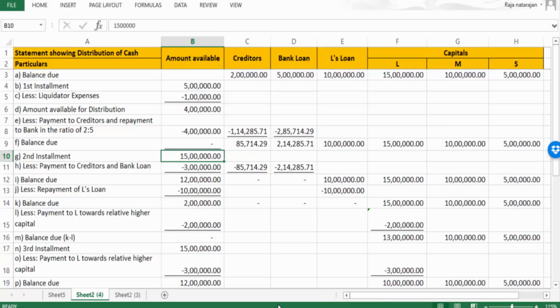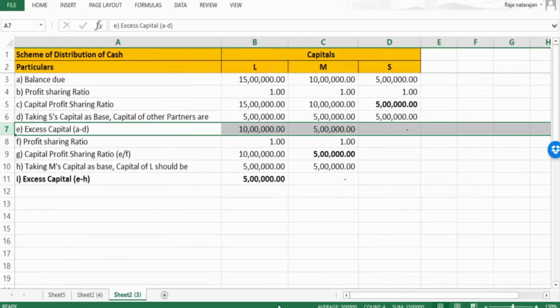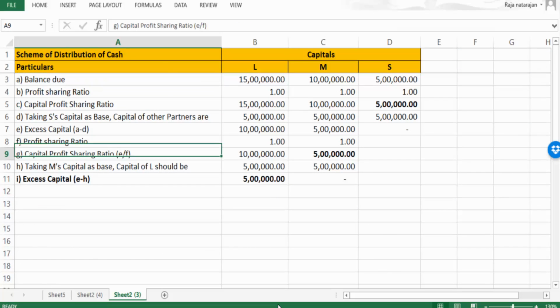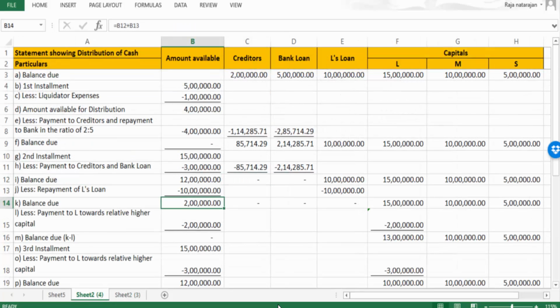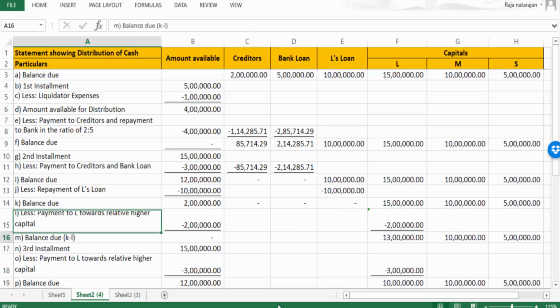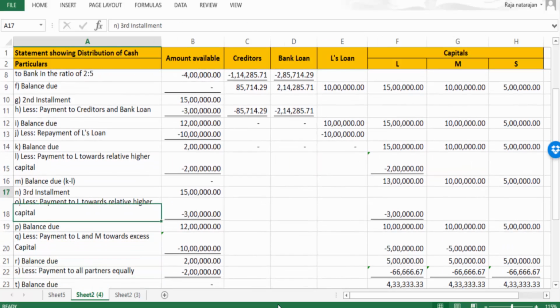Then the second installment, the amount was distributed first to them, then the second portion to the other loan, then in the third one we had this 2 lakh, and that 2 lakh was distributed in this pattern, that is 5 lakh. So out of 5 lakh, 2 lakh has been settled first here, then in the next installment 15 lakh realized, of which 3 lakh has been settled first.